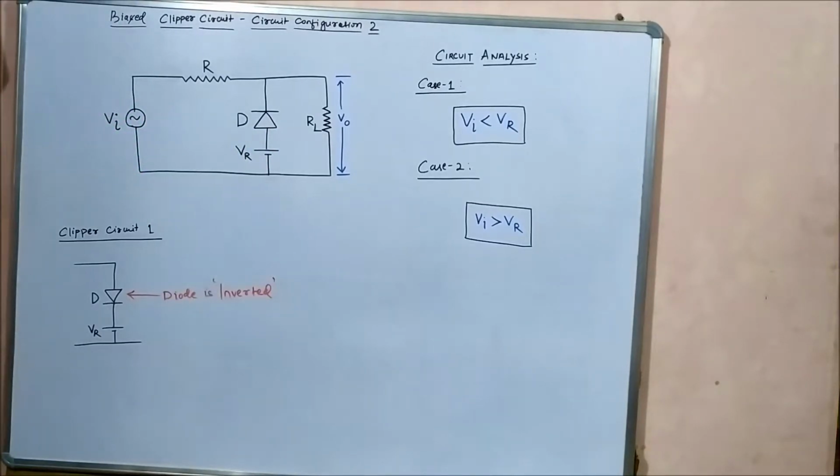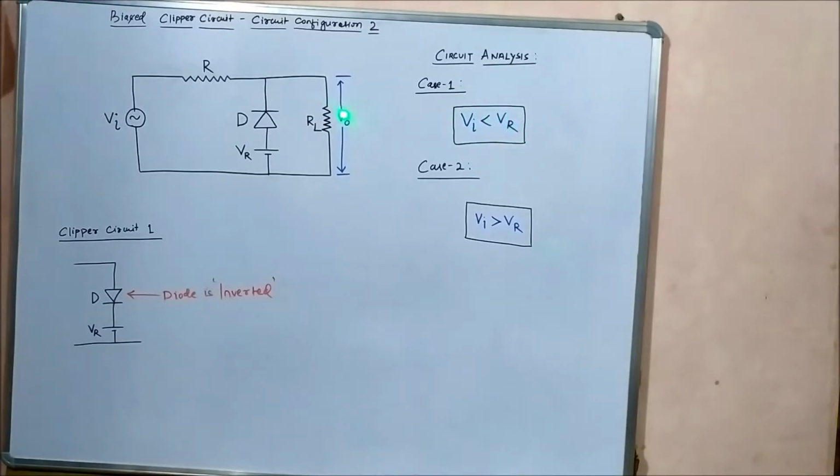Just similar to circuit configuration 1 of the bias clipper circuit, this circuit will be studied or analyzed in two cases, in two conditions. In case 1, the input voltage is lesser than the reference voltage.